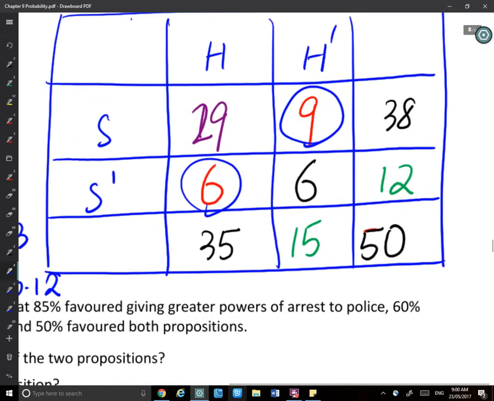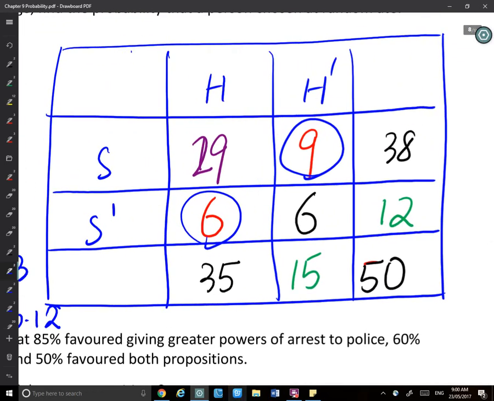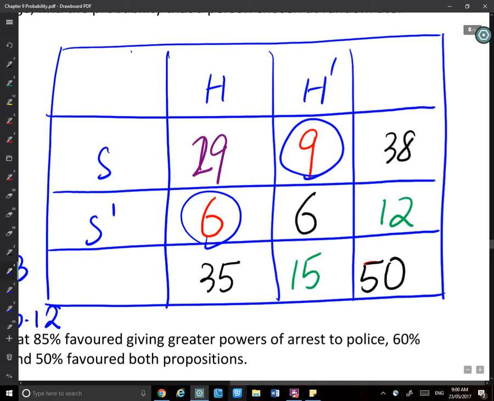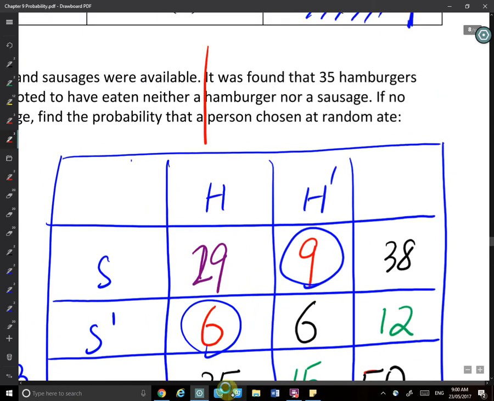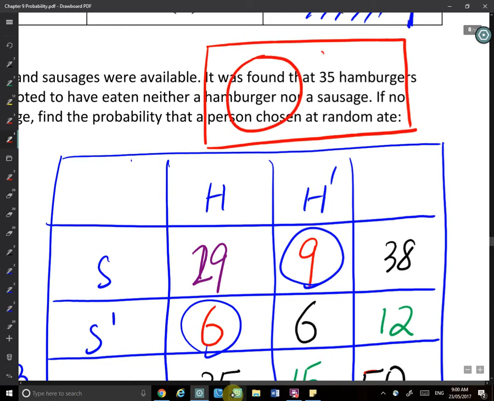Let's have a look at the Venn diagram. In the Venn diagram, this one will be H intersects S. If that's H and that's S, in the middle you will have 29.